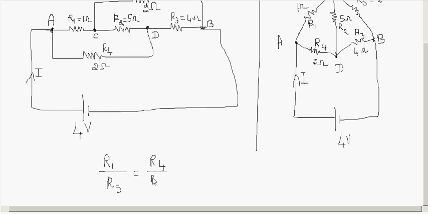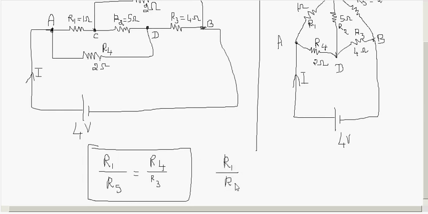If this condition is true, then the bridge is balanced. In the given network, R1 divided by R5 is equal to 1 by 2. Similarly, R4 by R3 is equal to 2 by 4, which is nothing but half.